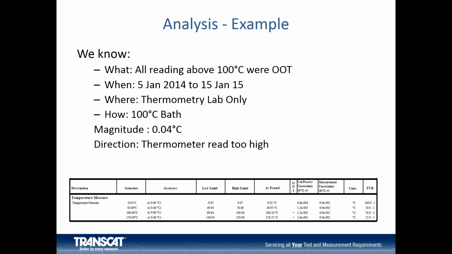We don't have to worry about the 50-degree bath because at that point it was still in tolerance, so we don't have to look at anything that was run in the 50-degree bath. We just have to be concerned about the 100-degree bath. The magnitude of the out of tolerance portion was 0.4 degrees. And our thermometer was reading too high.